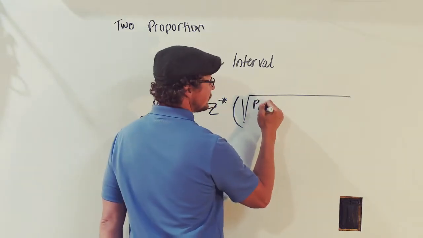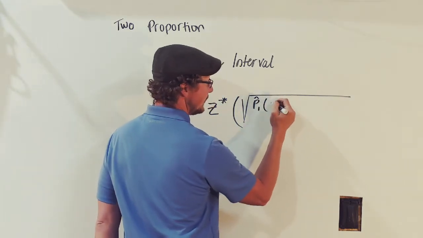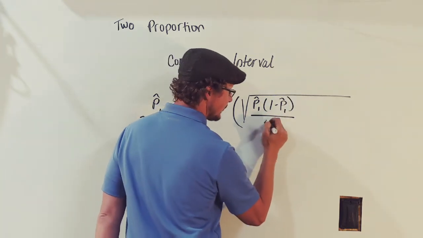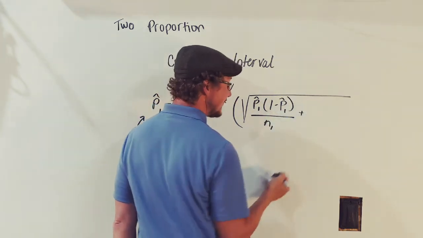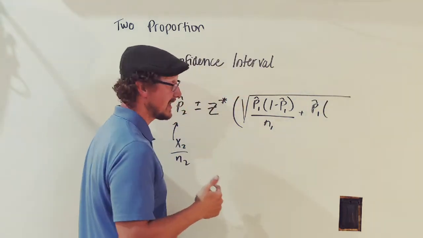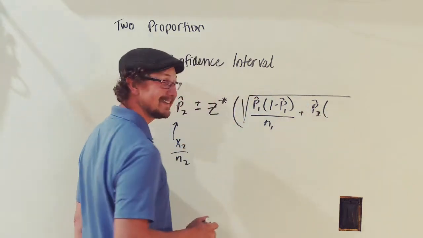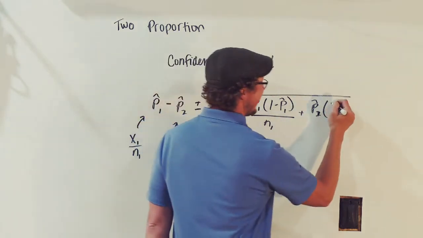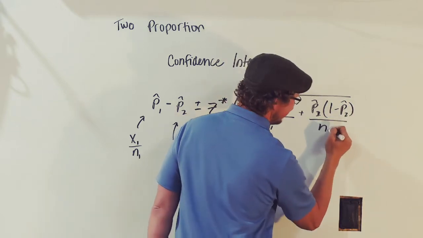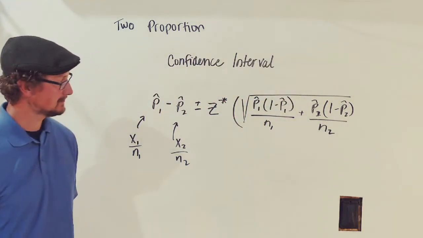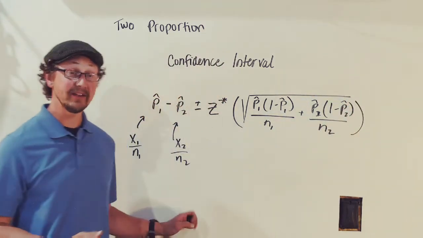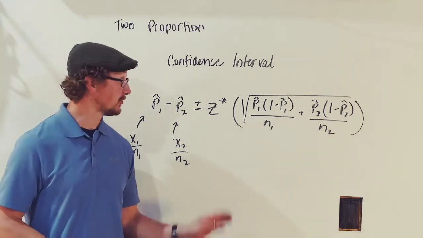So p hat sub 1 multiplied by its complement over its sample size, plus p hat sub 2, that is to say the sample proportion of the second sample, and its complement over its sample size. All right, and that's, end your parentheses. Good job, there it is. So that's my confidence interval formula.